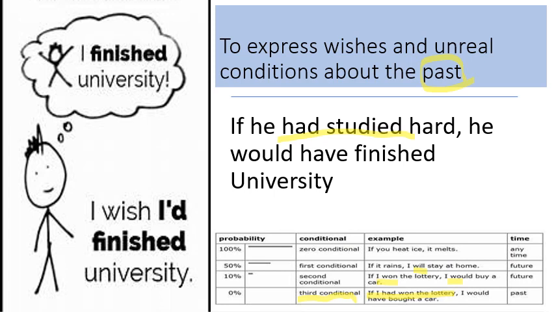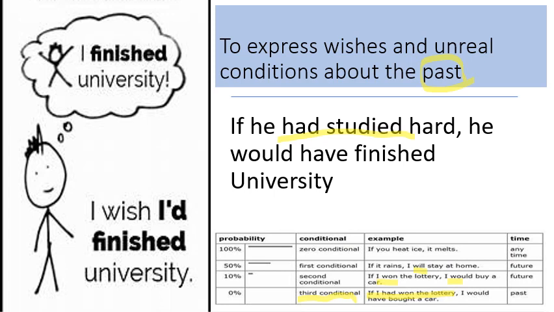The first case is the zero condition when the two parts of the sentence are in the present. And this happens at any time. Usually it refers to the scientific conditions or whatever. If you heat ice, it melts. So there is no condition, and both of them are in the simple present tense.